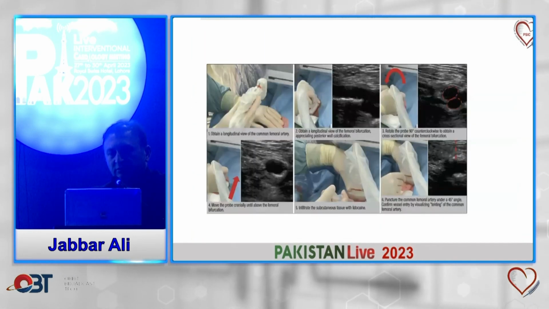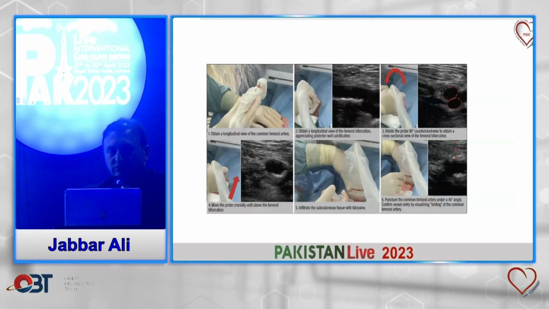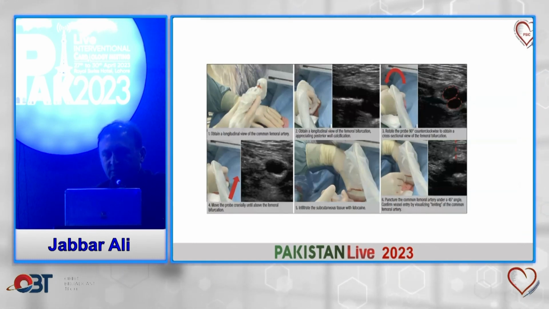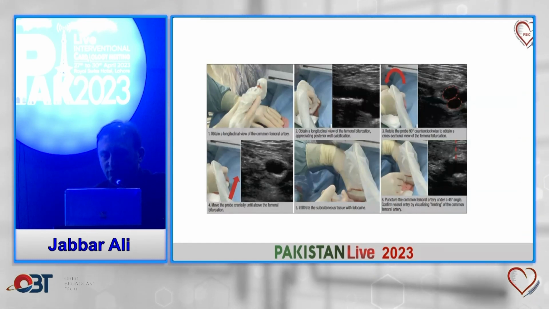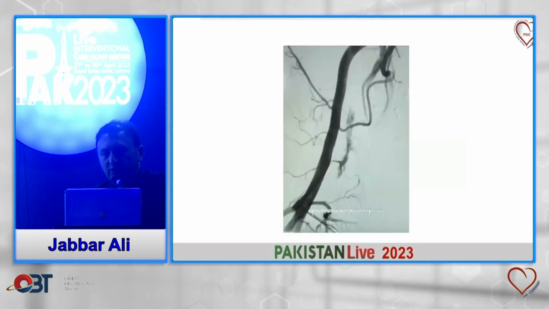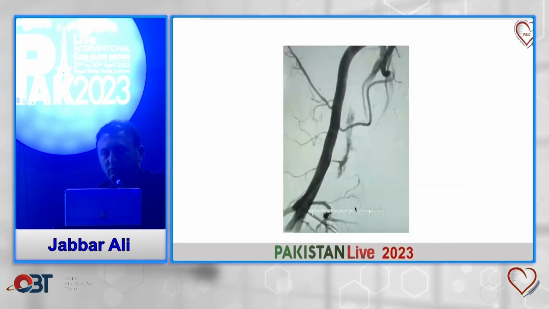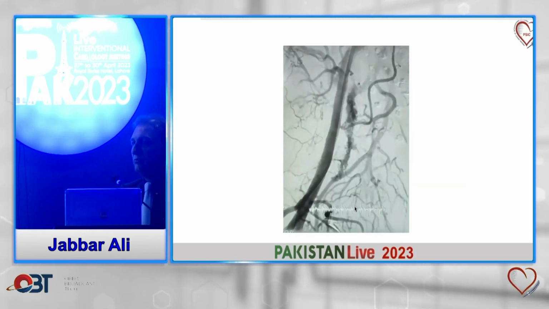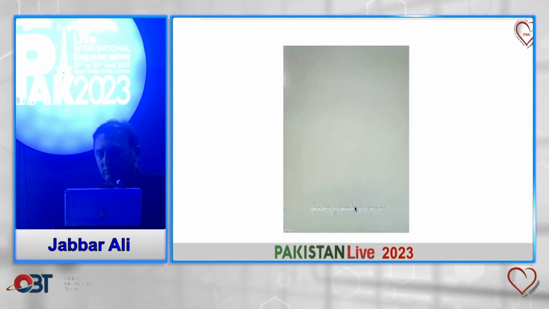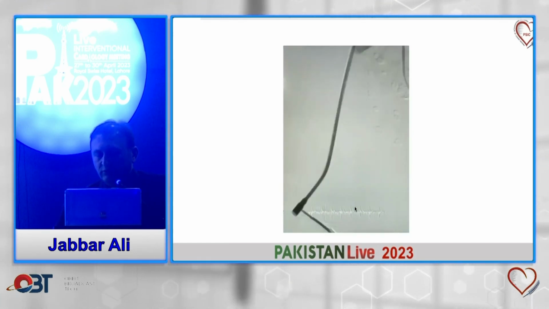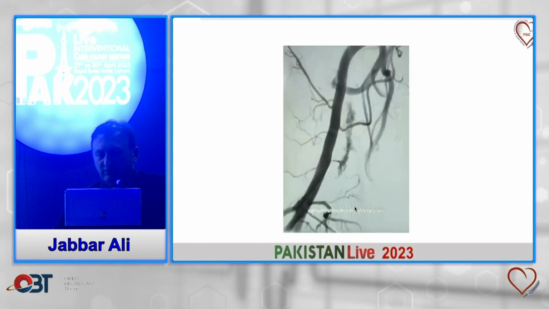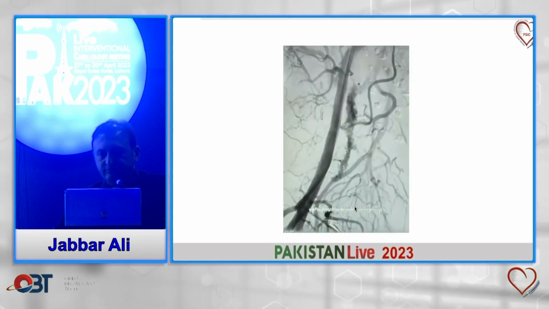For the sake of time, I'll skip the video because it is long. These are the steps shown in these pictures. And don't forget, once you do a femoral puncture, to exclude retroperitoneal hematoma or inferior epigastric artery puncture.